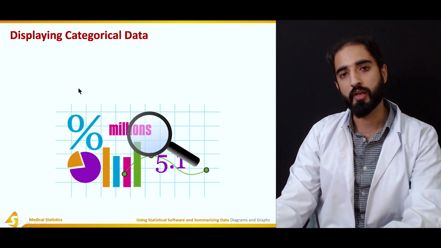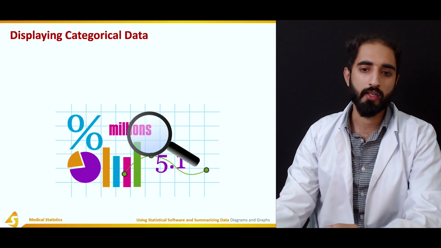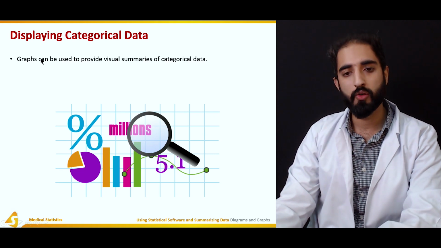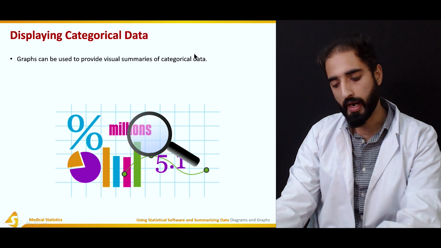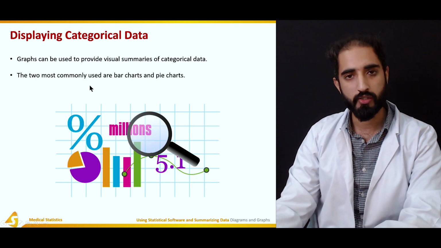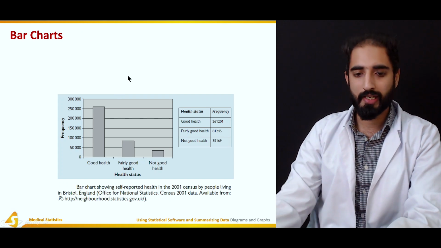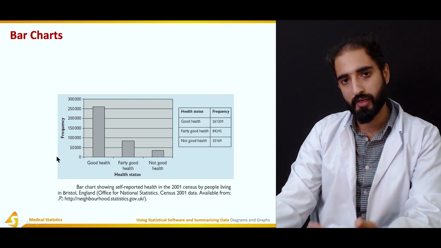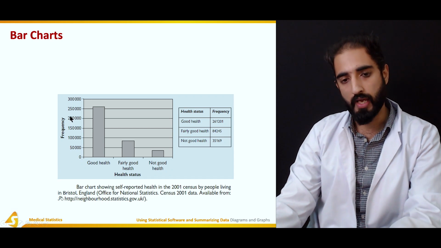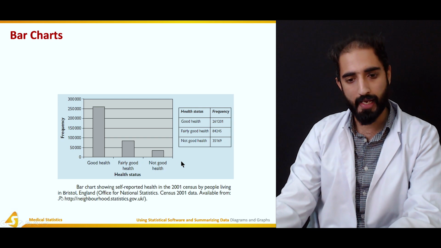Now, displaying categorical data. How can we display categorical data? So graphs can be used to provide visual summaries of categorical data, either in the form of bar charts or pie charts, which are the two most common types. So this is a bar chart in which, once again, similar to a histogram, we have the frequency on the y-axis and we have the categories on the x-axis.